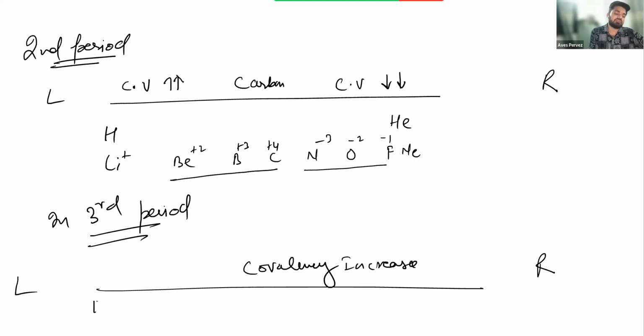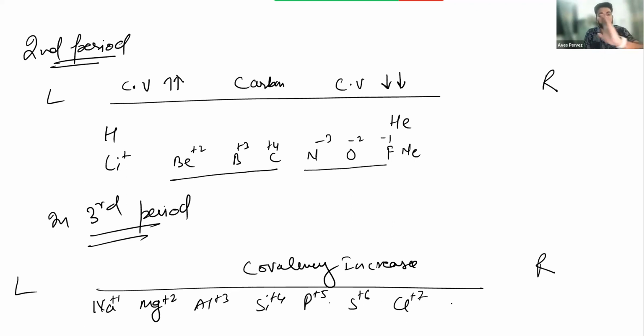We have sodium, magnesium, then aluminium, then silicon, then phosphorus, then sulfur, maximum covalency is 6, and then chlorine, maximum is 7.